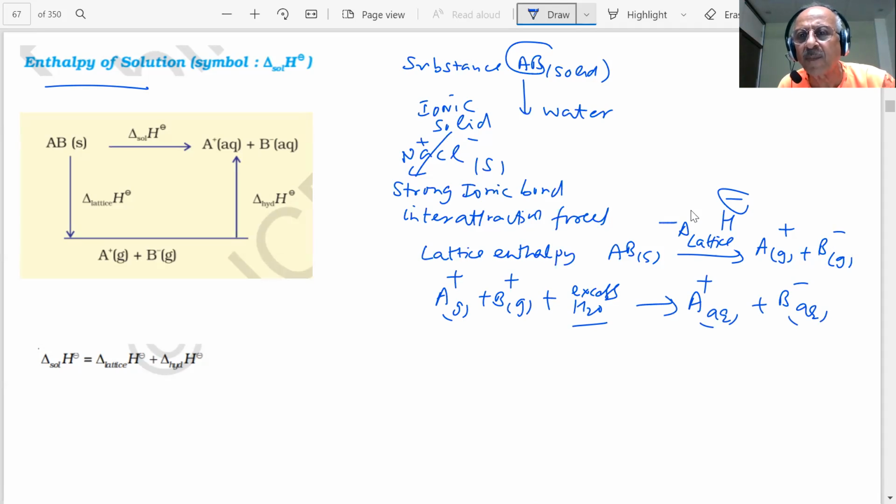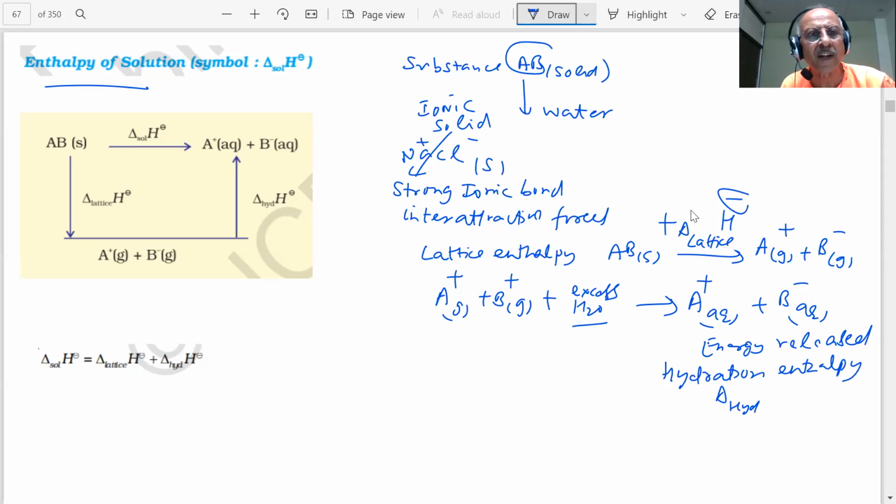Here, energy will be released, and this is known as hydration enthalpy, represented by delta hydration H. So this is negative, because this heat will be evolved.